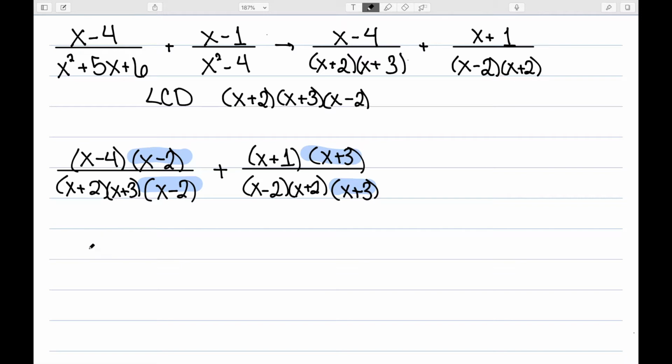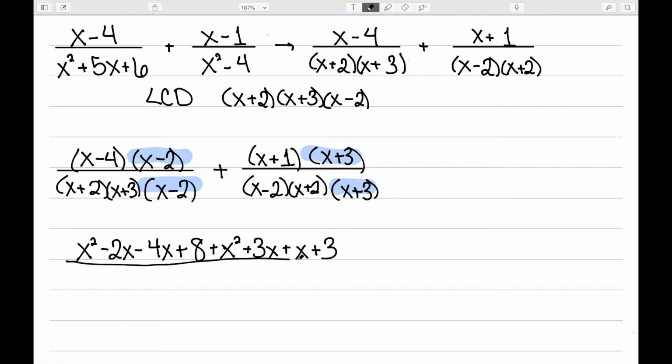As I multiply, the numerator becomes x squared minus 2x minus 4x plus 8. Since these have a common denominator, I can go ahead and add the numerators. This one gives me x squared plus 3x plus x plus 3 all over the denominator, x plus 2, x plus 3, x minus 2.